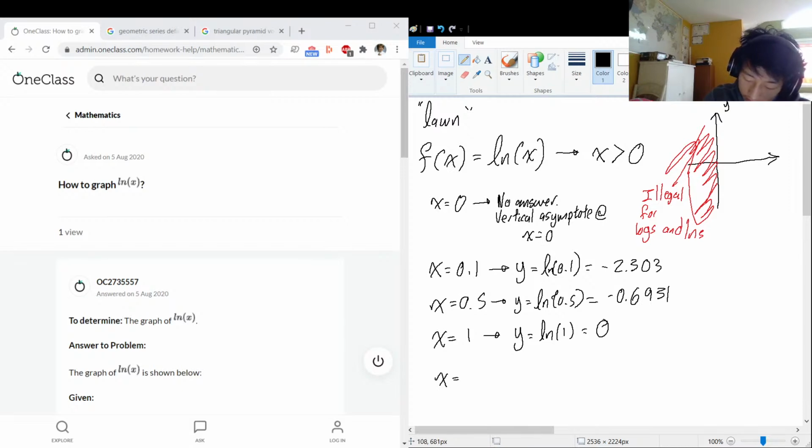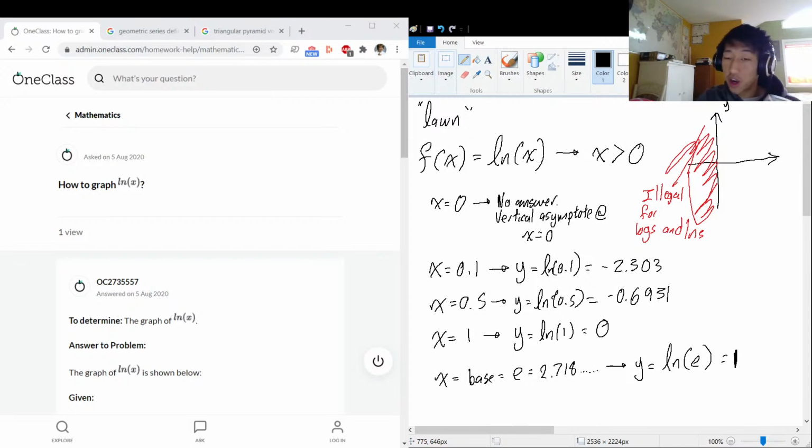Let's say x is equal to the base. And the base in this case is e, which is equal to 2.718 on and on and on. y is equal to natural logarithm of e, and that is also equal to 1.